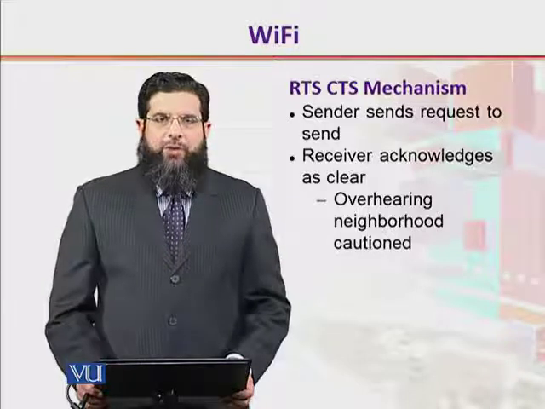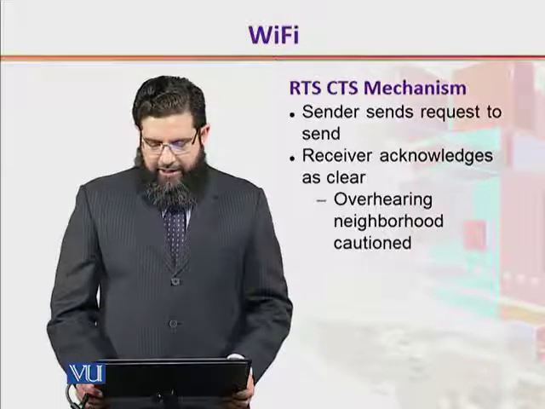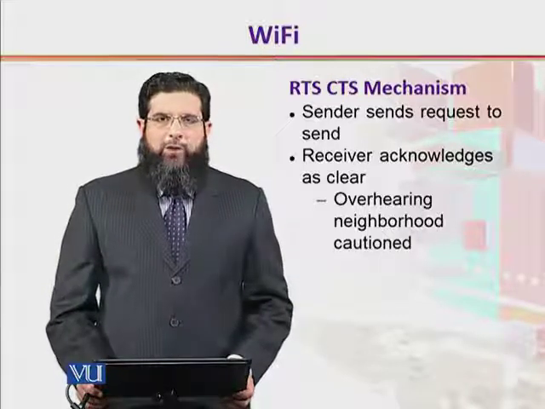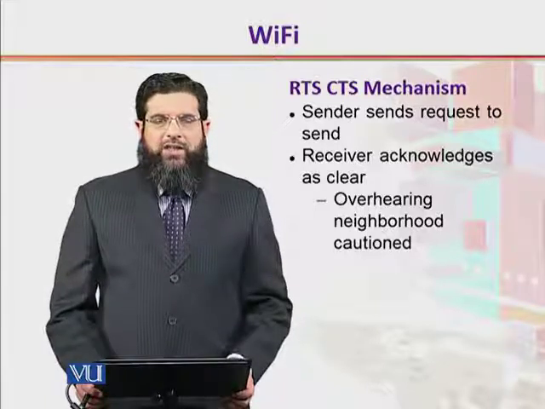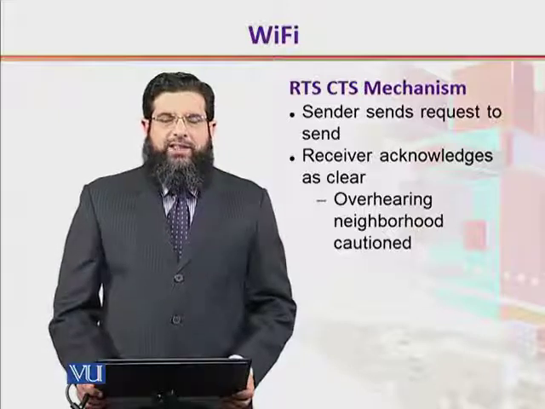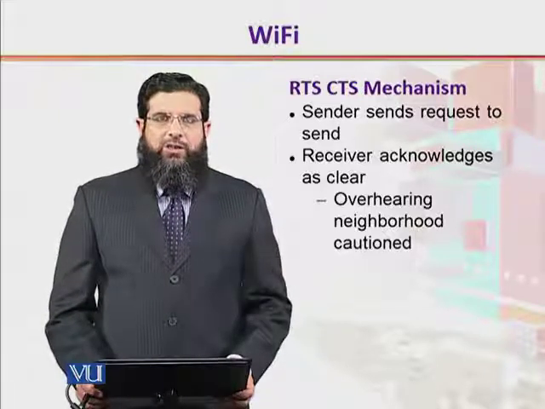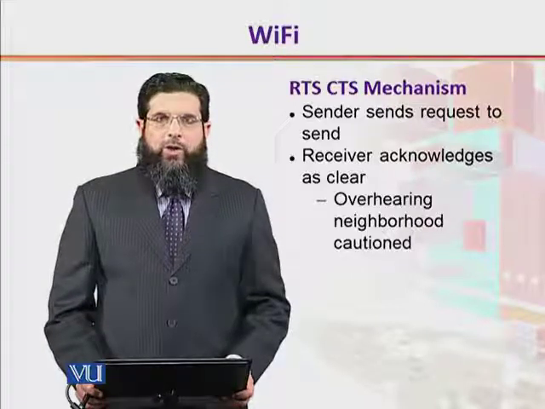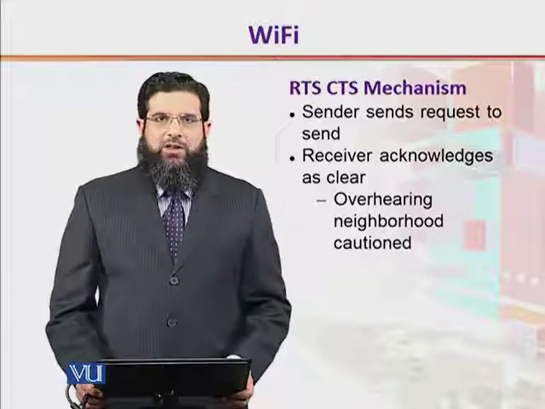When A transmits request to send, B receives RTS from A and acknowledges A's request through clear to send. Now, when this clear to send is sent from B back to A, since B and C are also within the communication range of each other, C is going to receive the CTS from B, and C is going to stop from transmitting, and it would be cautioned.